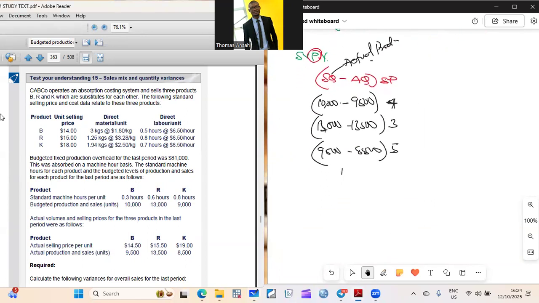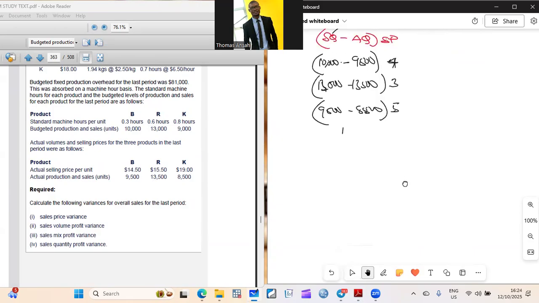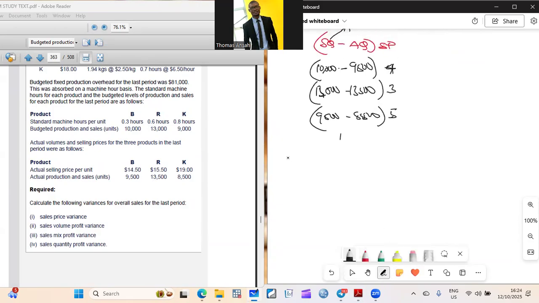But of course, the reason why we are here is because of the advances. So your SQSM, let's go. Let's do the sales mix. As for these ones, you should be able to do it.